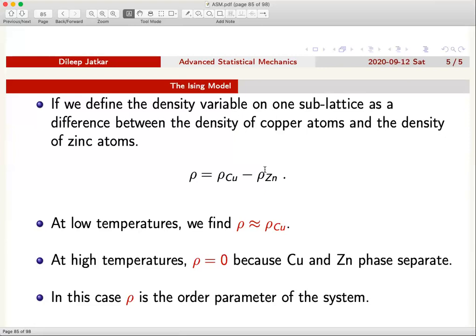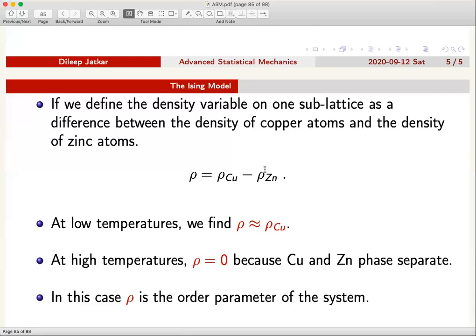Barring quantum fluctuation, the system doesn't have any thermal fluctuation. There is no energy available for copper, zinc to move around. So if you look at the copper sublattice, that means the vertices of the cube, you would find that the vertices of the cube would be completely populated by copper, and all zinc atoms are sitting at the center of the cubes.